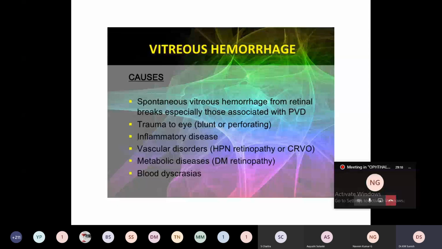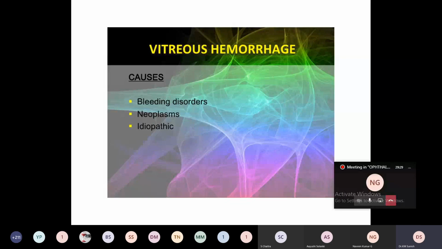Metabolic diseases like diabetic retinopathy, blood dyscrasias, bleeding disorders, then neoplasms, and sometimes it can be idiopathic also.